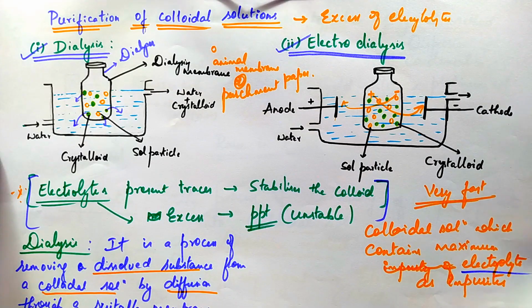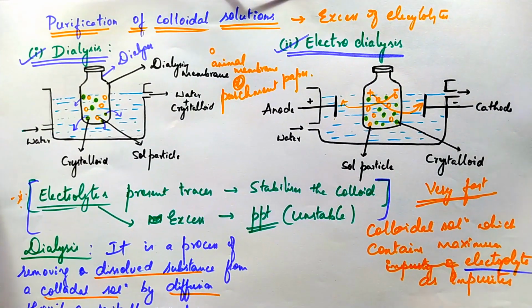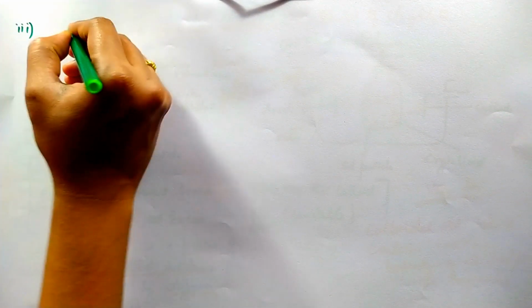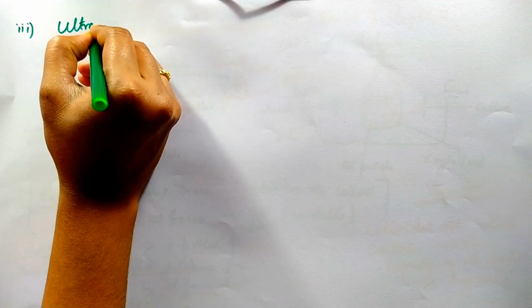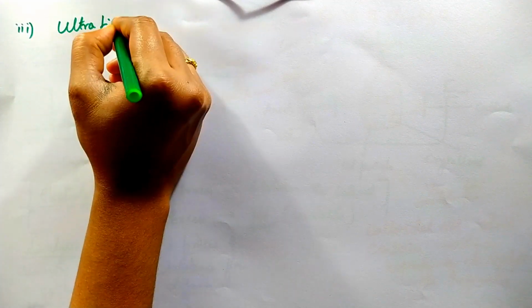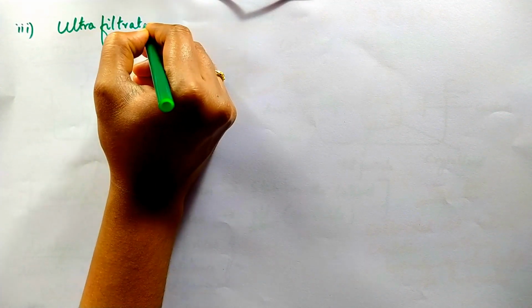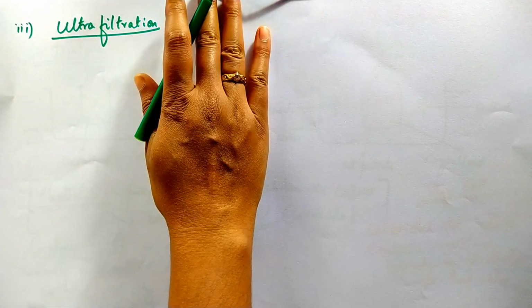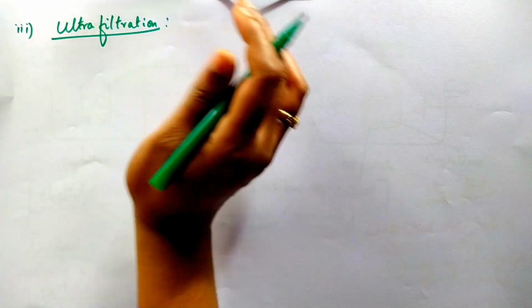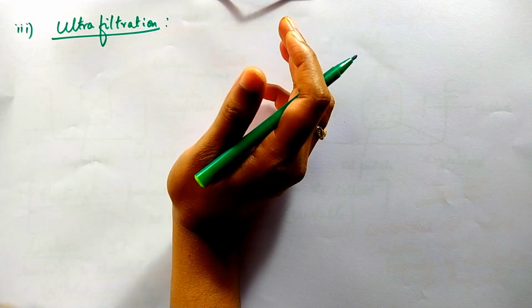And the next one is ultrafiltration. So next, the third one is the ultrafiltration method. Ultrafiltration is a special type of filtration. It is used to separate the colloidal particles from the impurities.